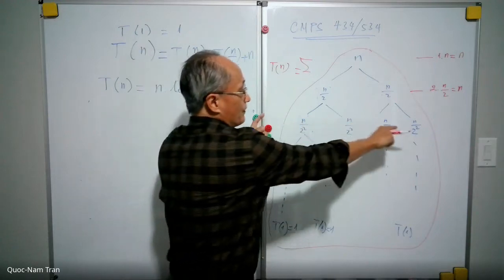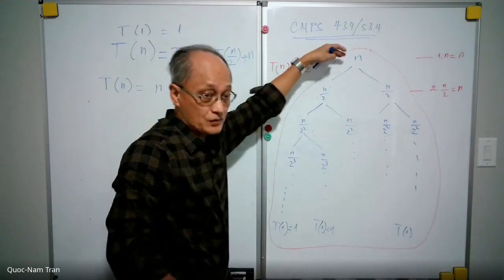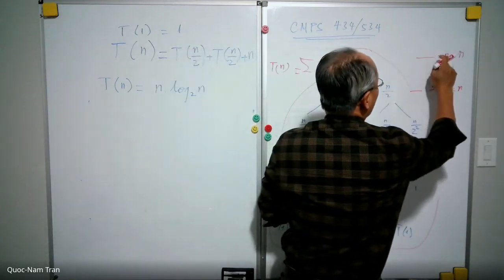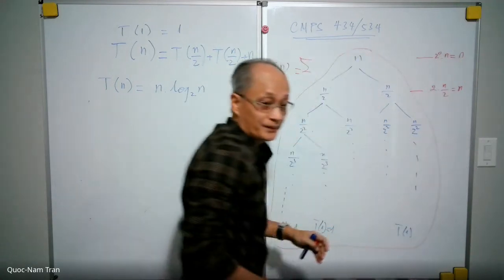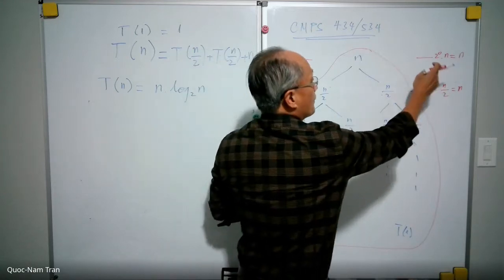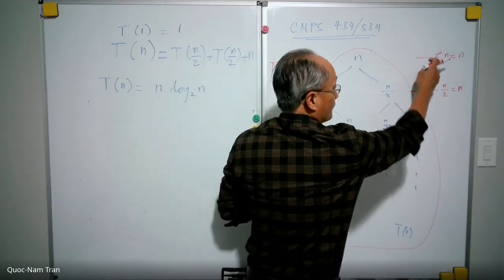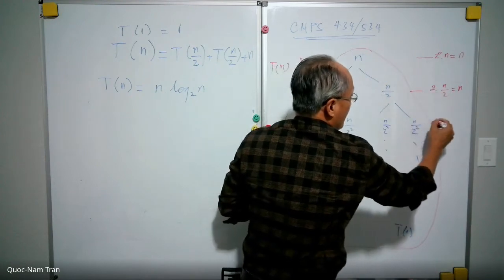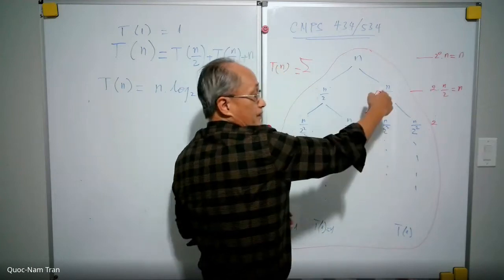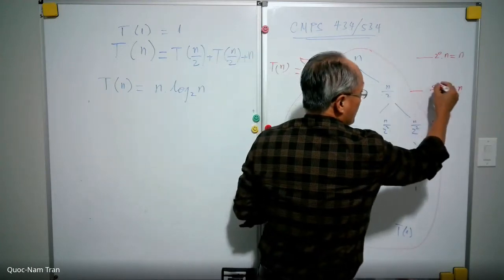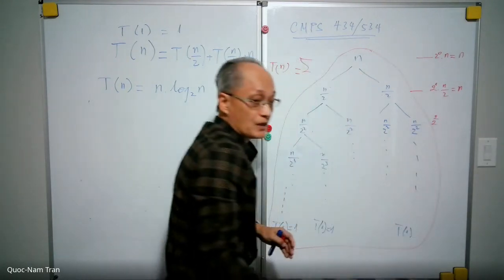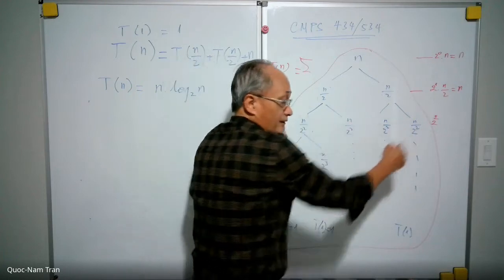Now, the next row. We know that the first one has one element. We can write it as 2 to the power of 0. Now, for the second one, we double the number of nodes on the previous row. This one is 2, meaning 2 to the power of 1. Now, we have 2 squared as the number of nodes, right?